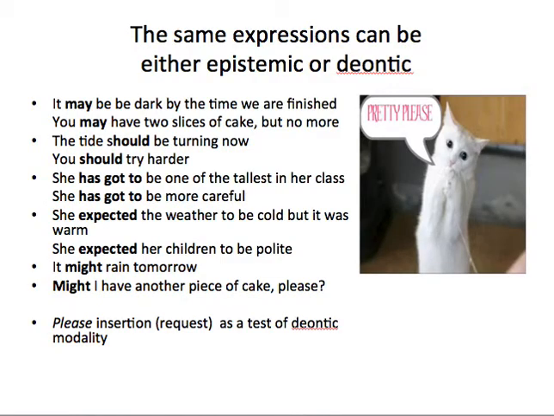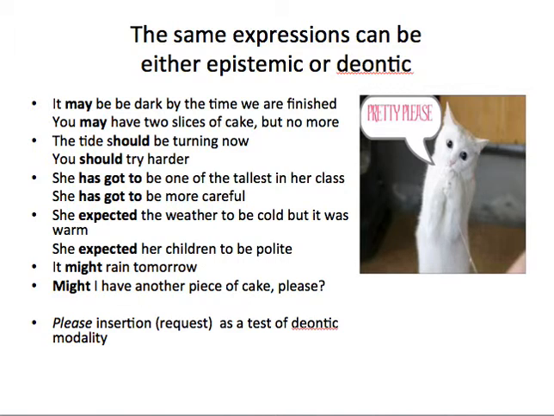What we know, of course, is that the same expressions can be either epistemic or deontic. So compare these then. It may be dark by the time we are finished. Okay, that is epistemic, right? You may have 2 slices of cake, but no more. Oh, you're giving me permission. Thank you. That's deontic.